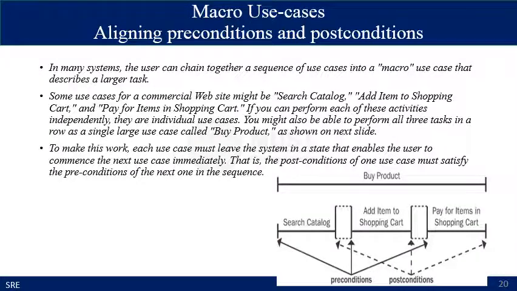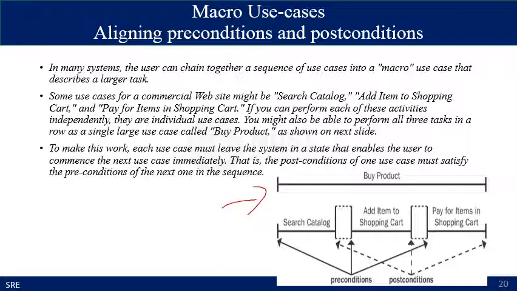You can also use macro use cases for aligning preconditions and postconditions. In many systems, the user can chain together a sequence of use cases into a macro use case that describes a larger task. So some use cases for a commercial website might include search catalog, add an item to shopping cart, and pay for the items in the shopping cart.